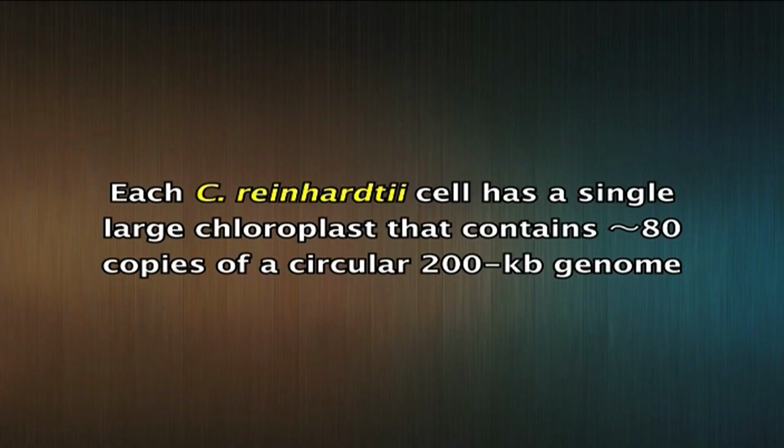Chlamydomonas reinhardtii is a unicellular flagellate that exists as two mating types, termed plus, that is MT positive, and minus, that is MT negative. Each Chlamydomonas reinhardtii cell has a single large chloroplast that contains 80 copies of a circular 200 kilobase genome.